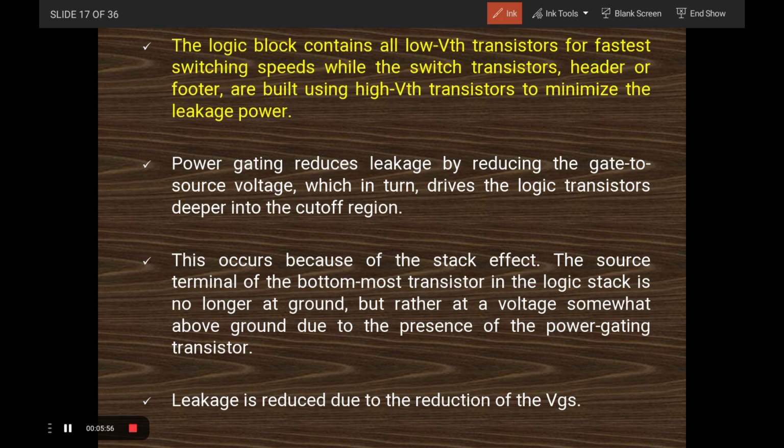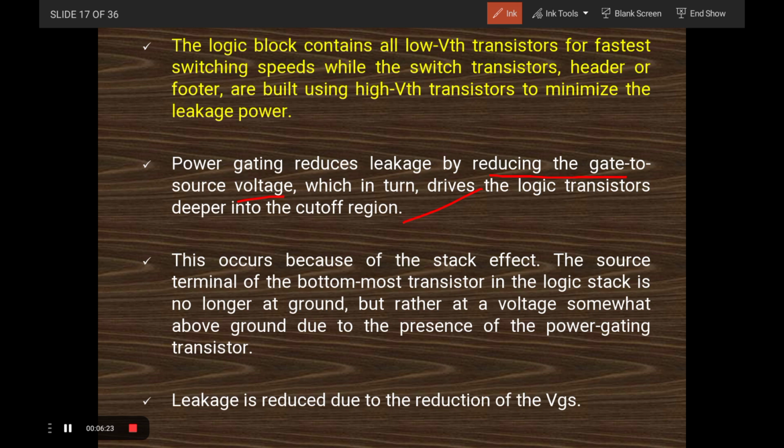Power gating reduces the gate to source voltage, because the gate to source voltage is the minimum voltage required to form the channel between the source and drain. That voltage is also called the threshold voltage, which can drive the logic transistor deep into the cutoff region. Based on the gate to source voltage, the transistor works in the cutoff region, the saturation region, or the active region.